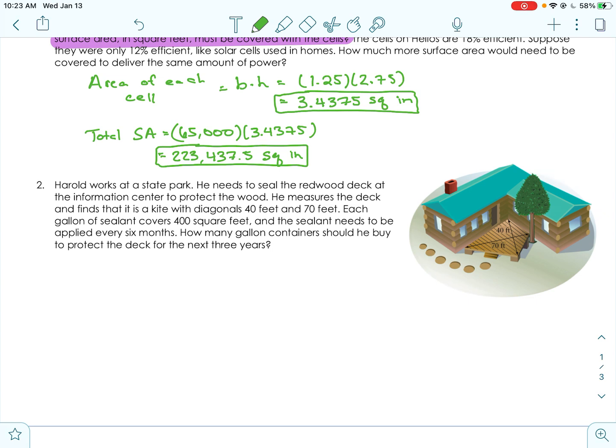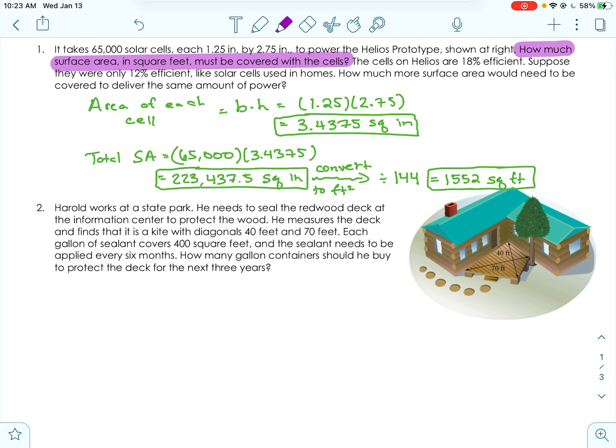That gives you 1,500, and if we round, 1,552 square feet. So we have that many square feet, which answers the first question.